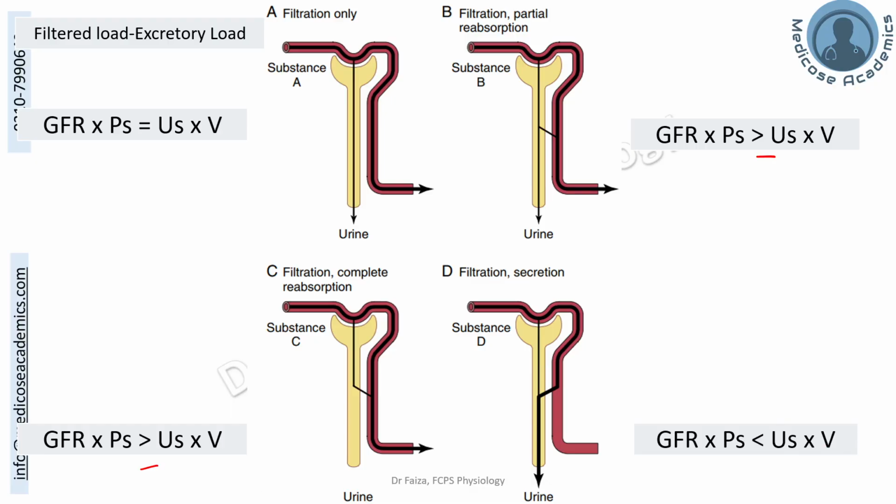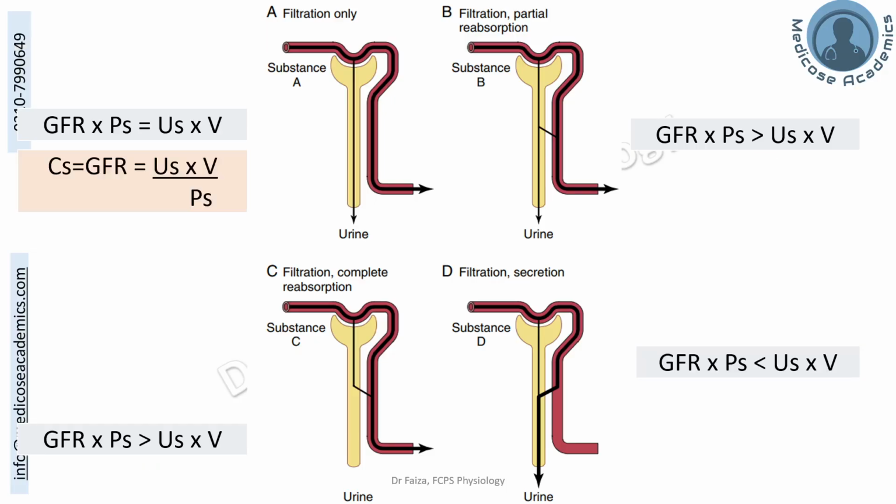So if we know such characteristics of different substances, the clearance of these substances can be used to estimate different renal functions. For example, the clearance of substance A, which was filtered but not reabsorbed, not secreted, will be equal to that of the GFR, as filtered load is equal to excretory load.